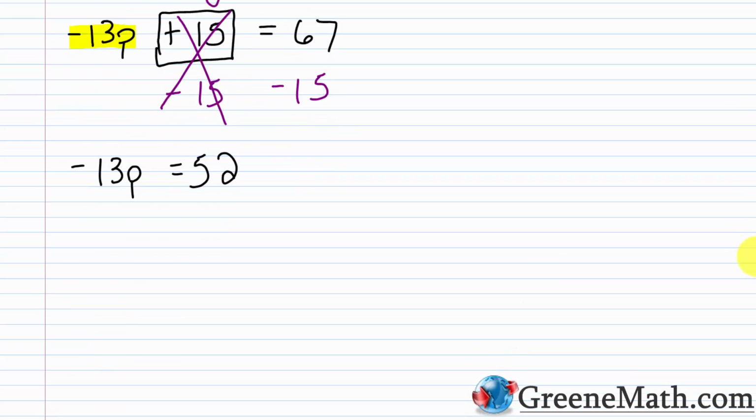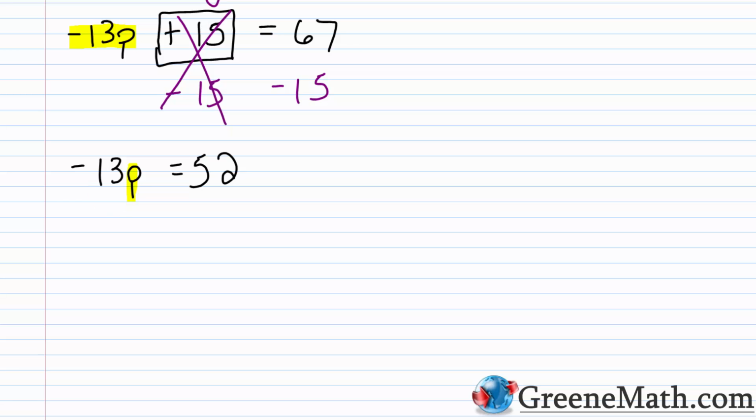All right. So now what's left, we want to isolate the variable, right? So we want to isolate p. And how do we do that? Well, we always want to look at what's being done to that variable, right? So in this case, we have negative 13 that's multiplying our variable p. So to undo multiplication, we do division, right?